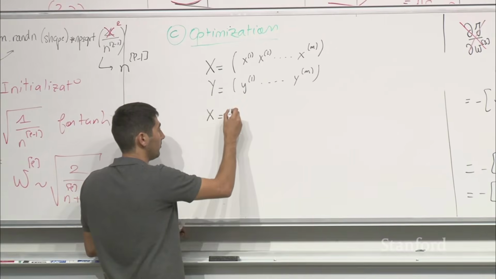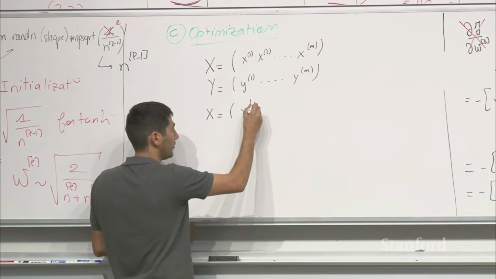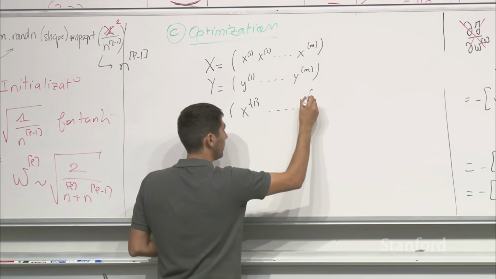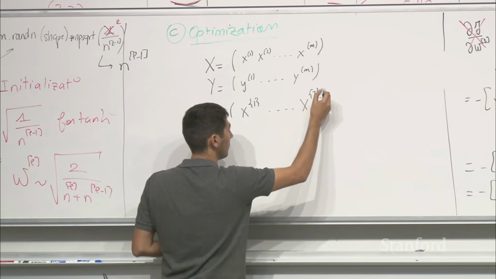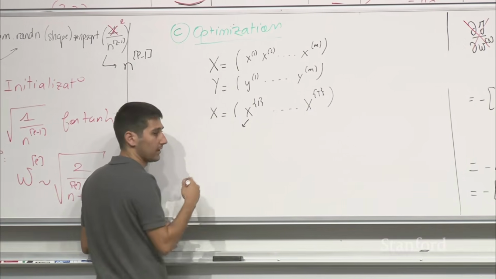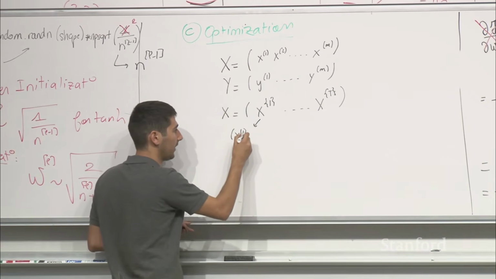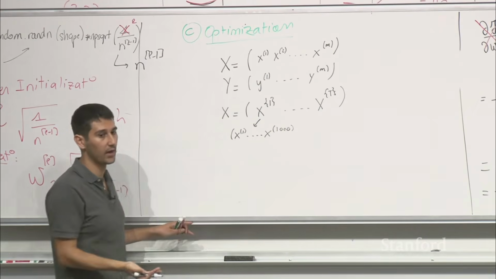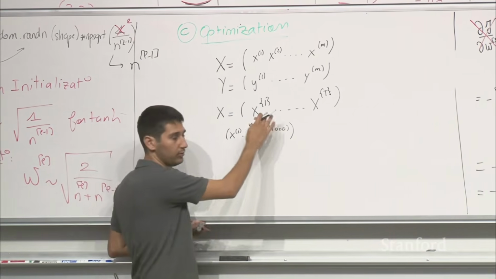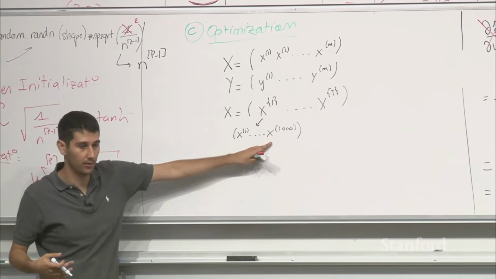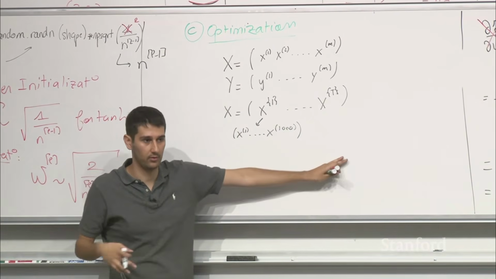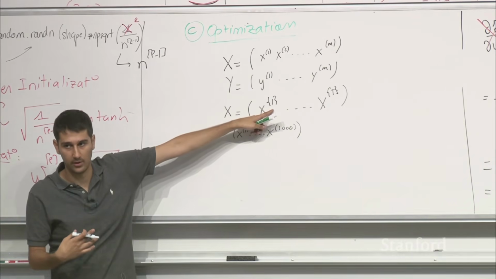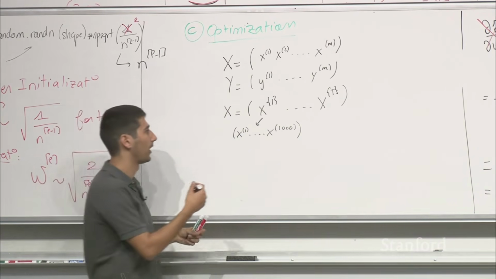I'm going to call the first batch X{1} until X{T}. X{1} can contain X1 until X1000, assuming it's a batch of 1,000 examples. X{2} then will contain X1001 until X2000, and so on. So this is the notation for the batch when I use curly brackets. Same for Y.